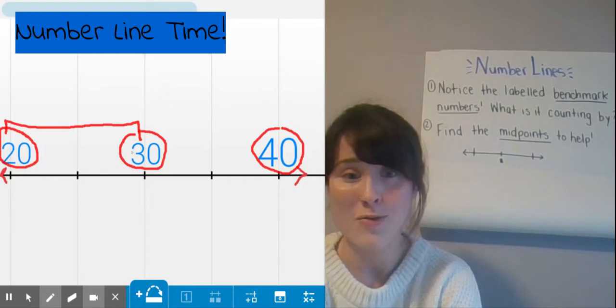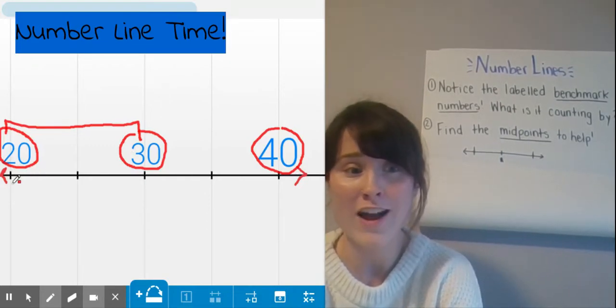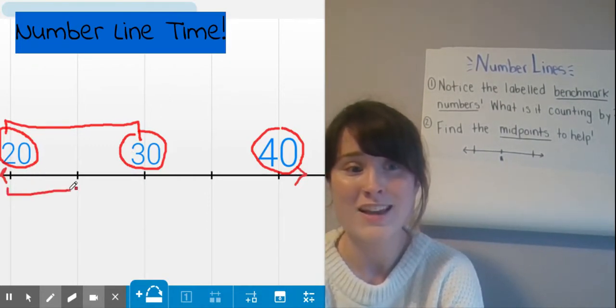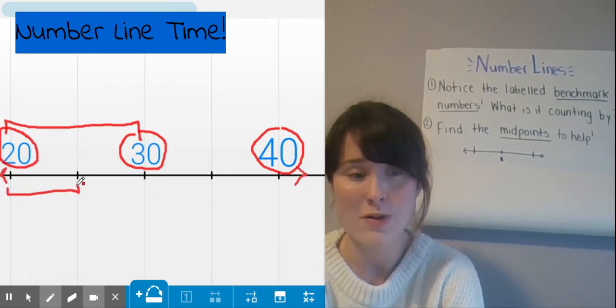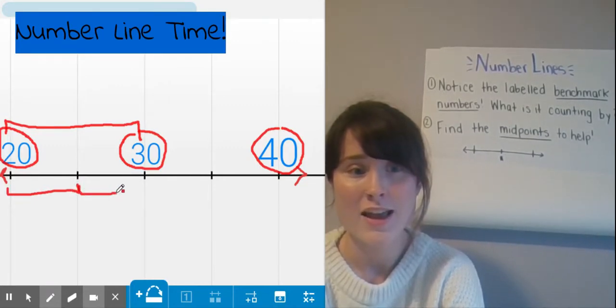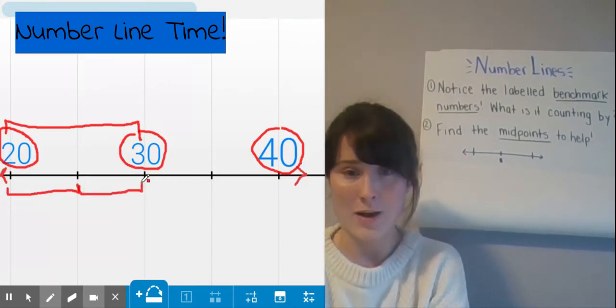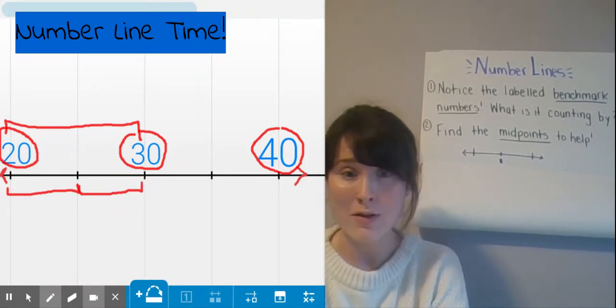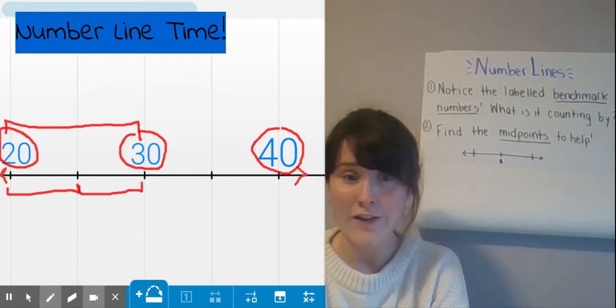Well, I know that two groups of 5 make 10. So this would be 5 hops, and this would be 5 hops. So right in the middle, my midpoint's going to end with a 5.